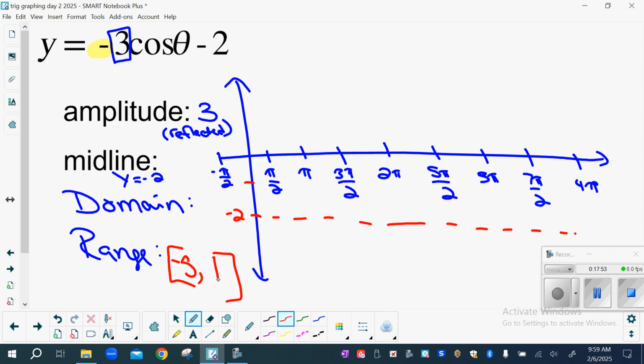Does that make sense? So here we go. This is the hardest one. Cosine does not start at the midline. It starts at either the highest point or the lowest point, depending on if it's got the negative or positive. If it's positive, top of the wave. If it's negative, bottom of the wave. So this one is starting way down here at -5. It's going to get to its top there at 1.